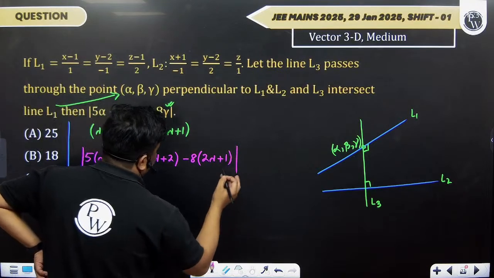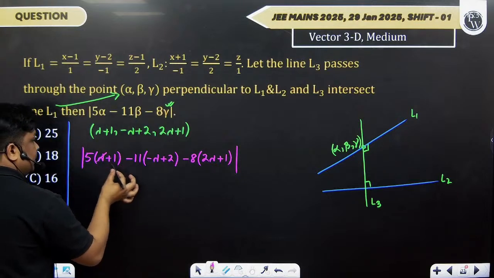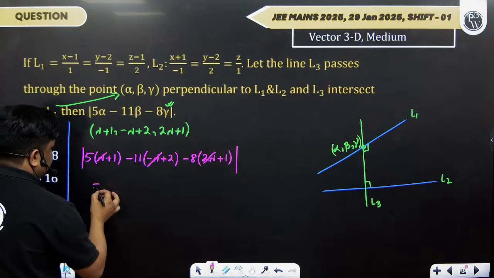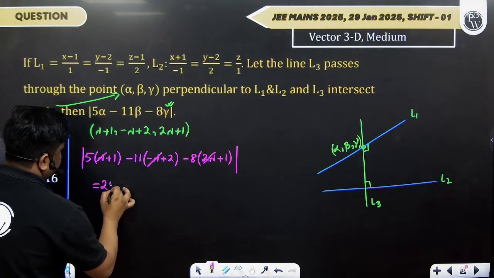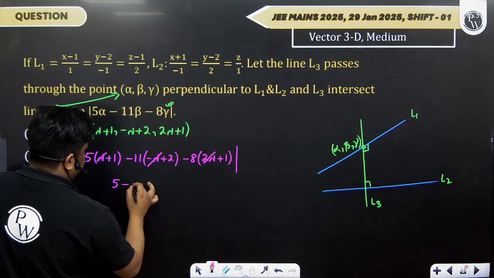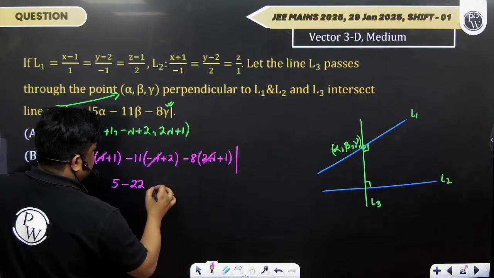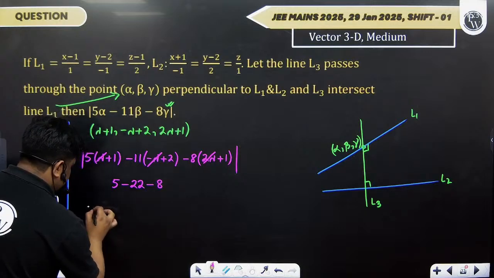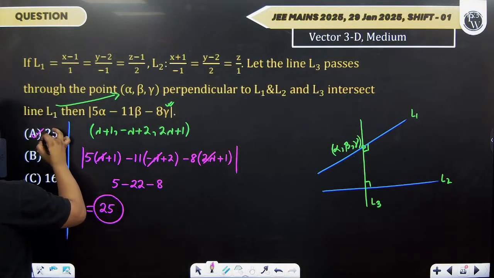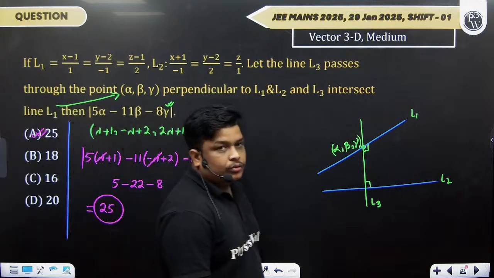Now they have disguised it in this way that lambda, lambda and lambda get cancelled and the answer comes as 20. So this is 5, this will be minus 22 and this will be minus 8. So the answer will come as plus 25.